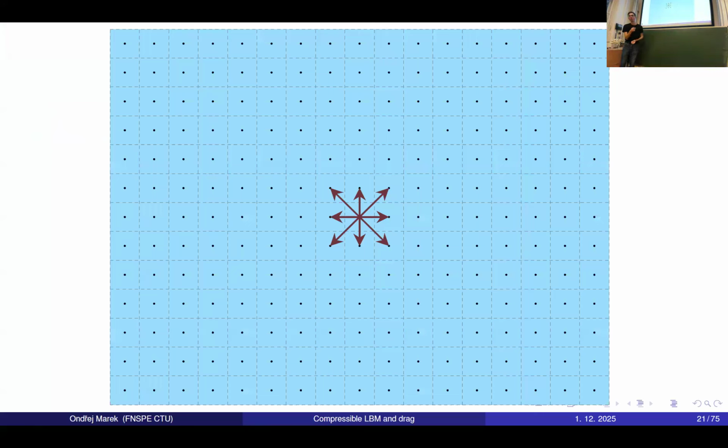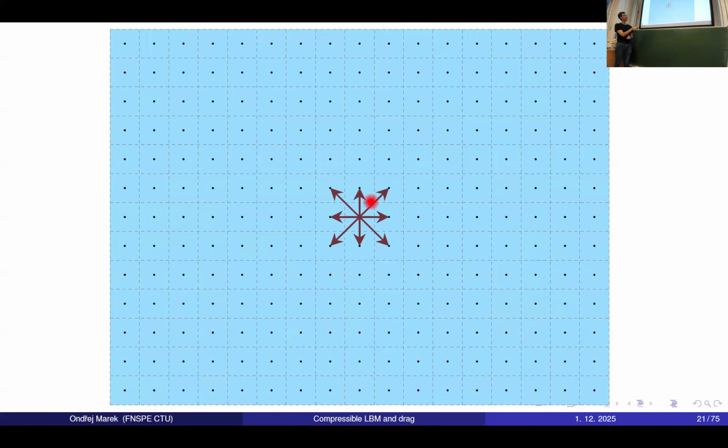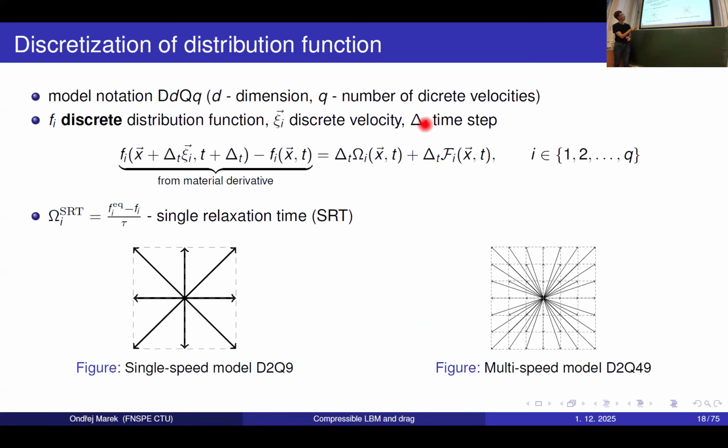And just to show it more visually, we have some distribution functions here, 8 arrows, and one is the distribution function which holds the particles with microscopic velocity 0. And in each time step, these particles somehow collide. The collision, as can be seen here, depends only on the values that are at that point.